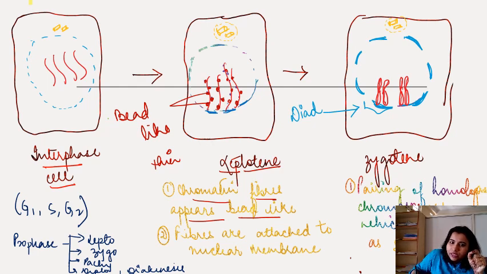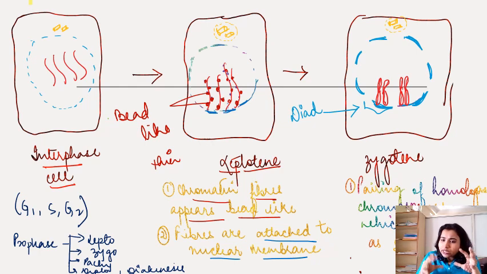We will not go into each and every point, only the important points. So in leptotene, a bead-like structure develops in the chromatin fiber, and the chromatin fiber gets attached to one end of the nuclear membrane. All of these happen in the leptotene stage.